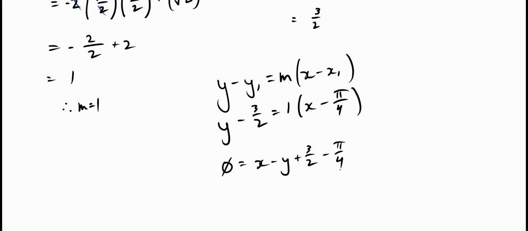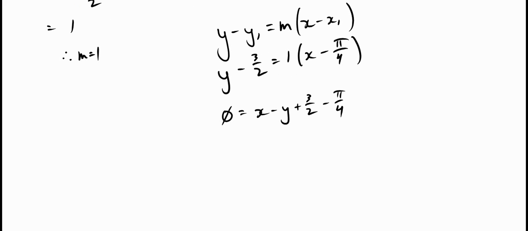Technically, we're not supposed to have fractions, although fractions in terms of pi is a little bit different. But let's multiply the whole thing through by 4 to get rid of all the fractions. So I end up with 4x minus 4y plus 6 minus pi equals 0. And that is proper standard form with no fractions.